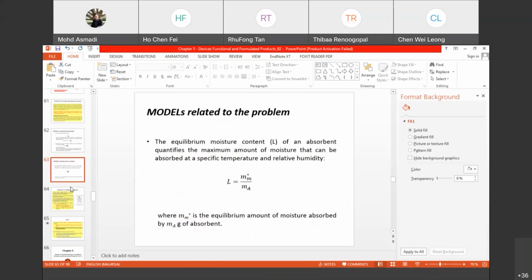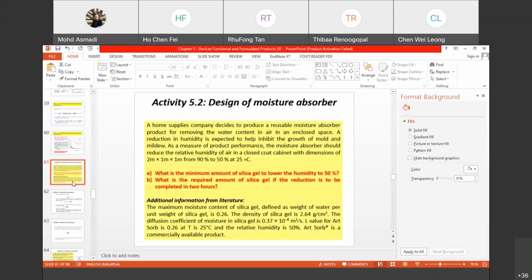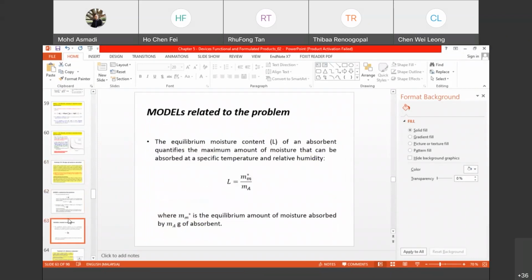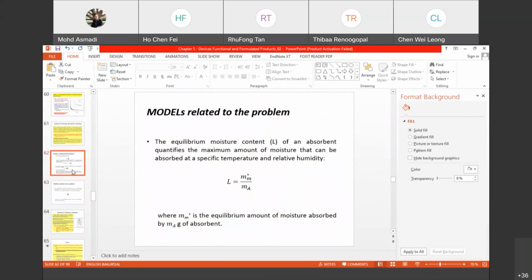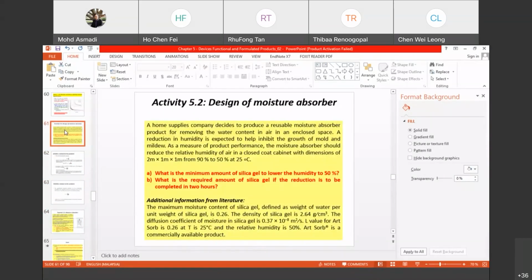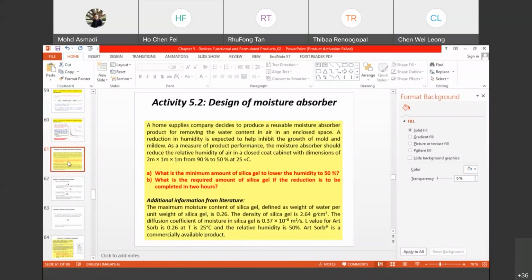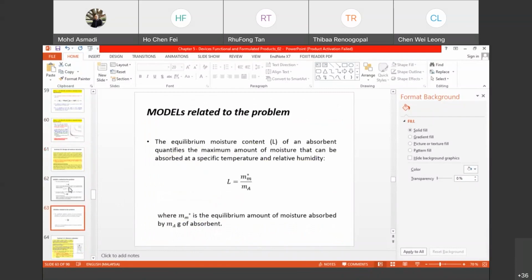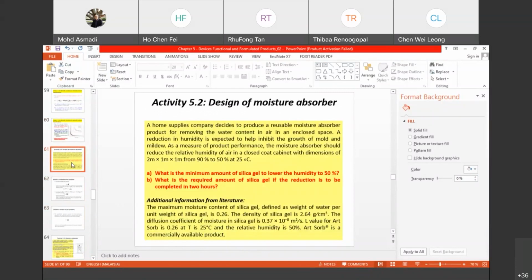How to design this moisture absorber? We will design this one. I don't think this one has the solution in detail.